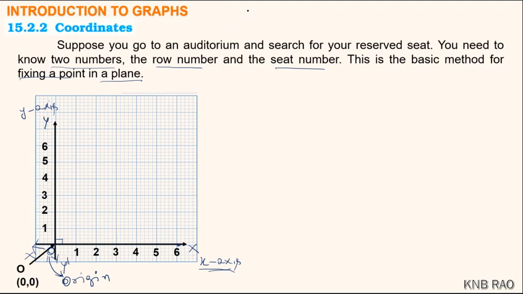Let me explain. Coordinates are two numbers. One number corresponding to the x-axis, which we call the x coordinate, and another is a number on the y-axis, or number corresponding to the y-axis.